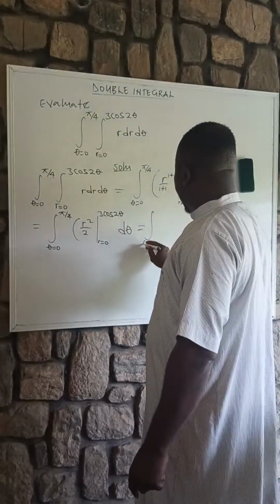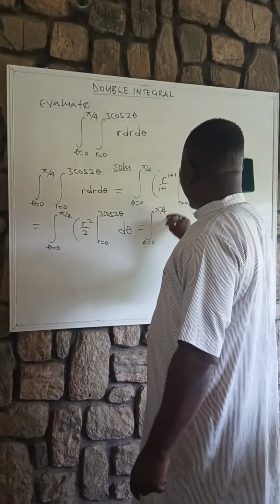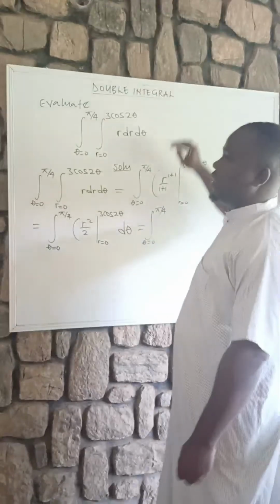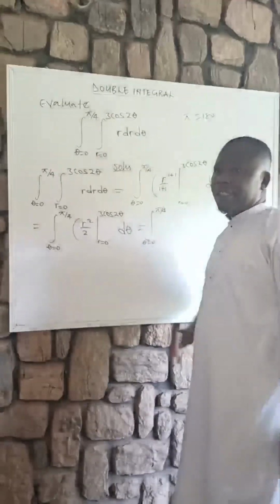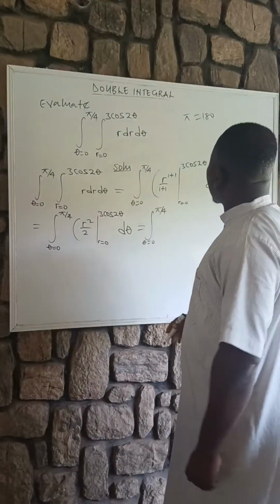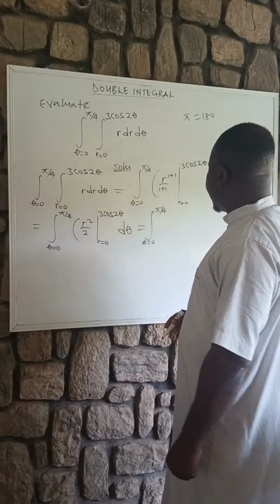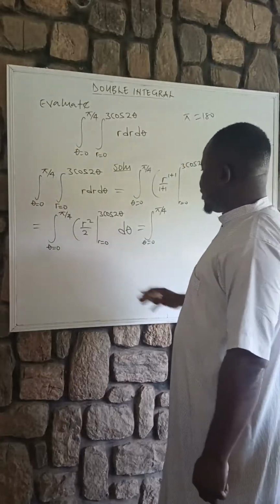So it means this is what it will be: the integral theta from 0 to pi over 4. Do you agree with me that pi is always equal to 180? True or false? Here, subtract this.